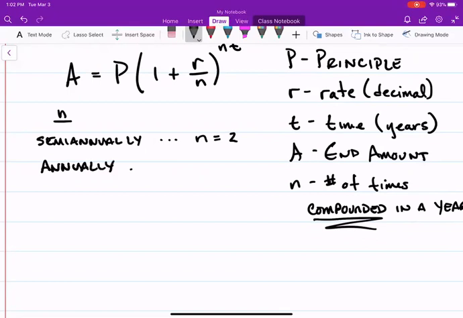How about annually? N is equal to 1. How about quarterly? N equals 4.